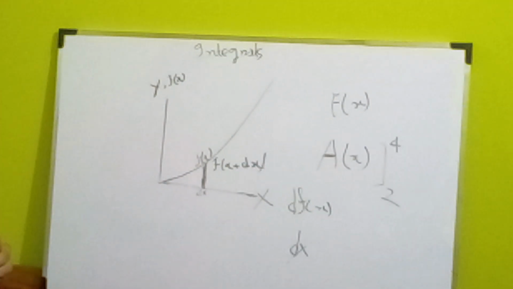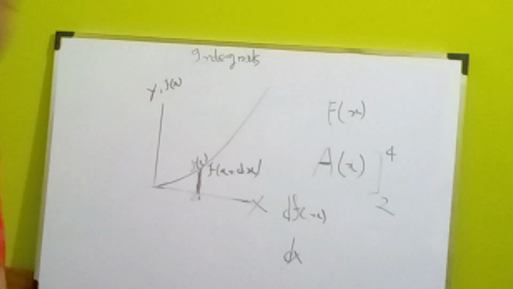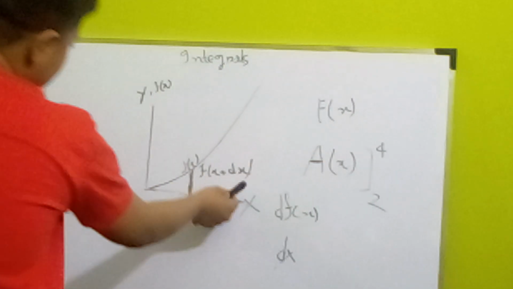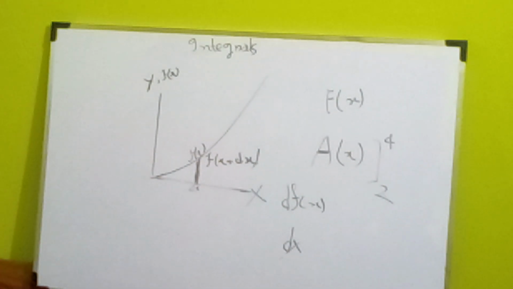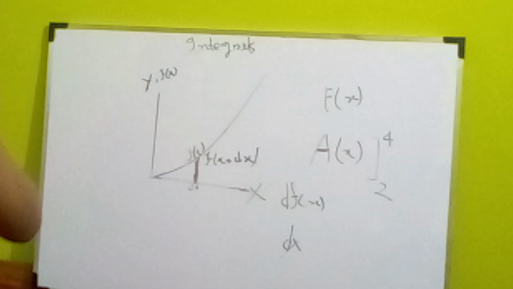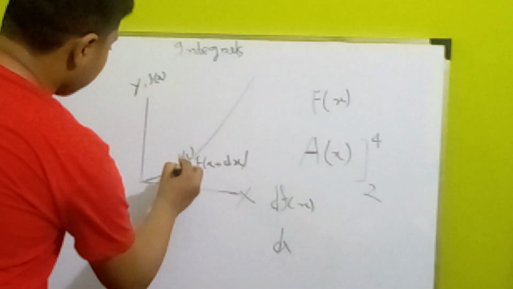seems to have an area just like that of a rectangle. And this f of x plus dx and f of x don't really have any difference. They're both kind of the same but a little bit off. So how can we define this area?